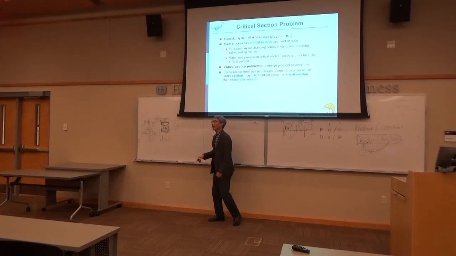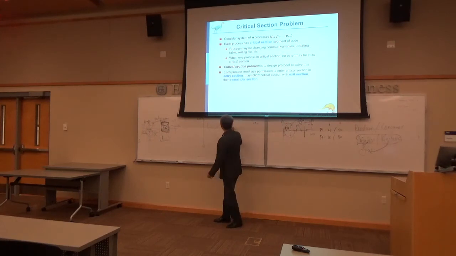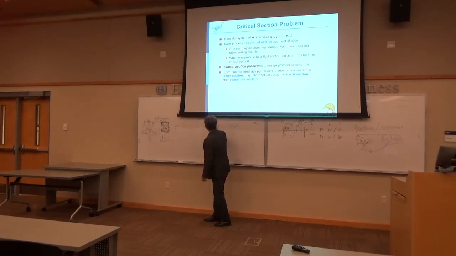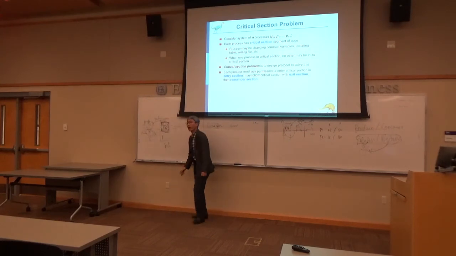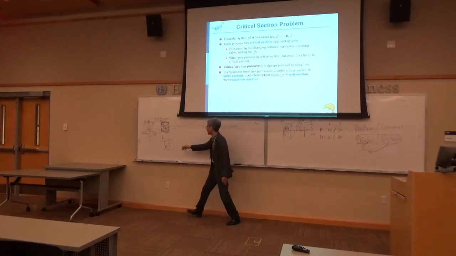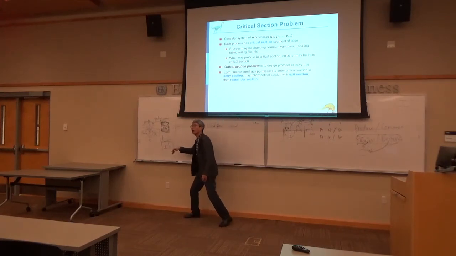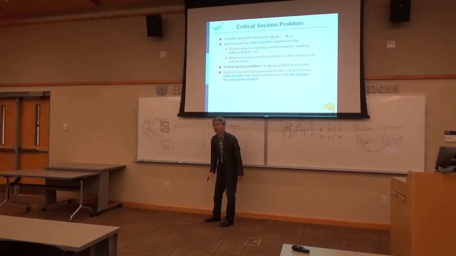Then, if any part of the process accesses the shared data, this group of instructions is called the critical section. Like for example, in the previous case, I equals 5. This is shared data.